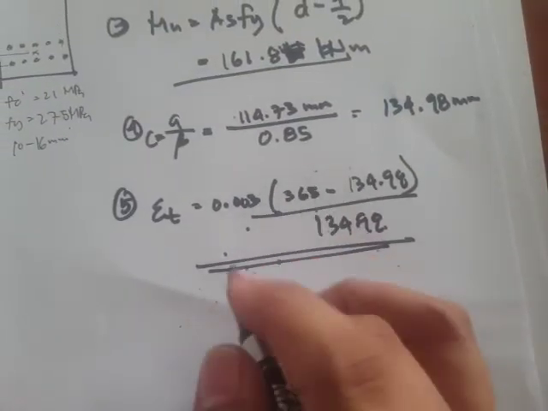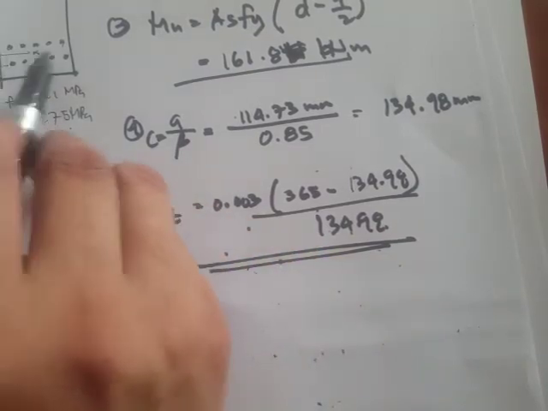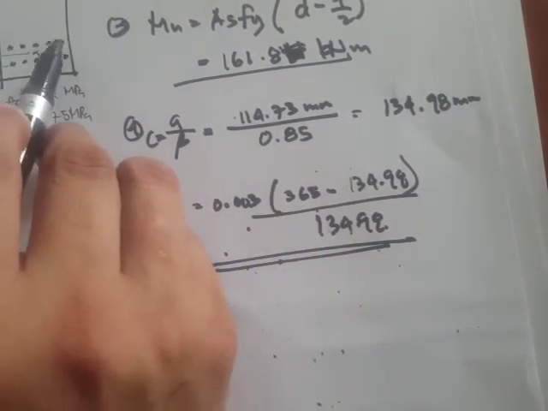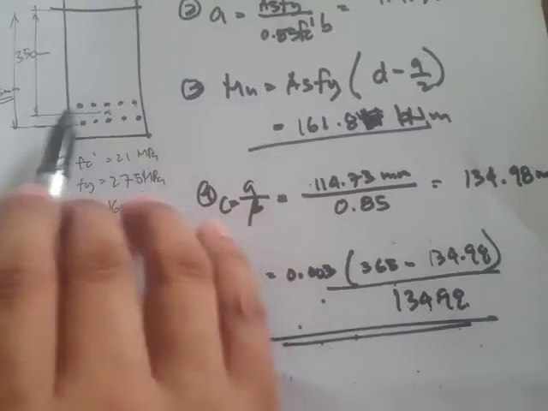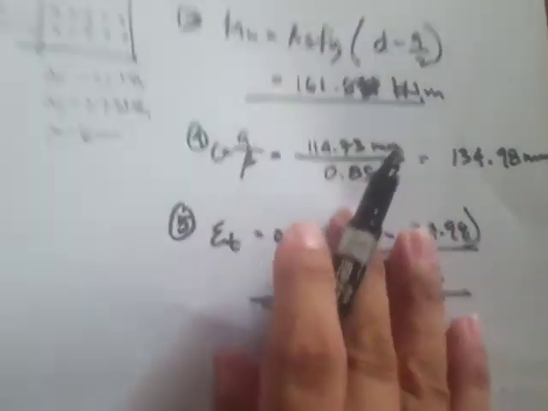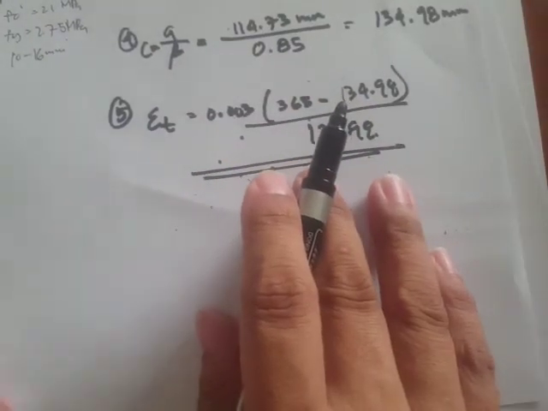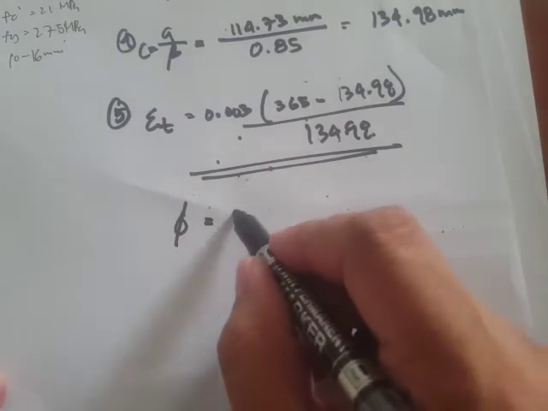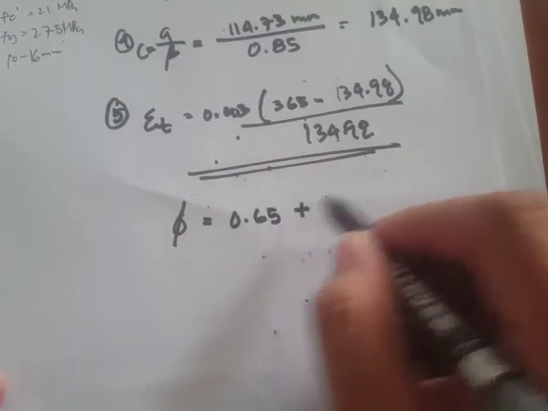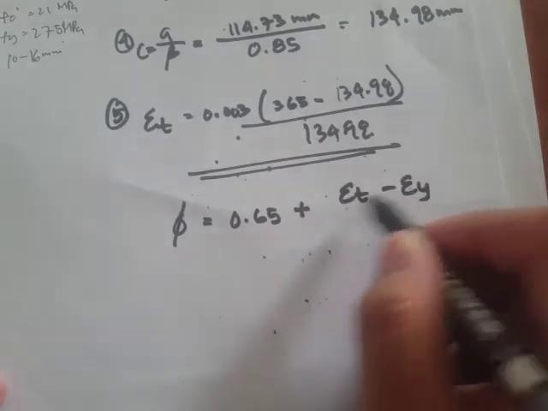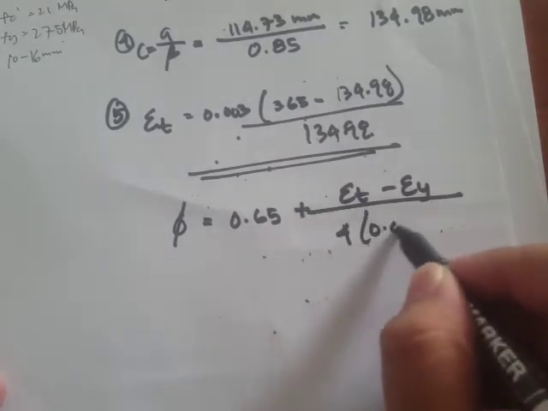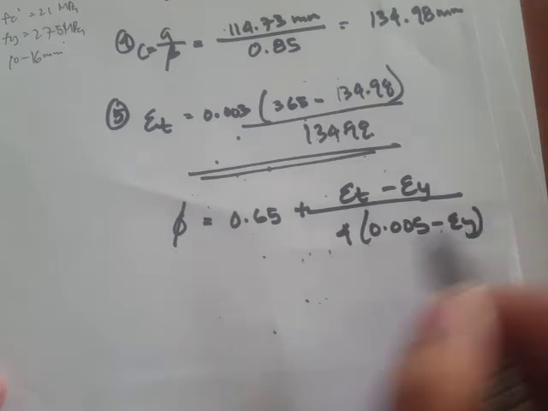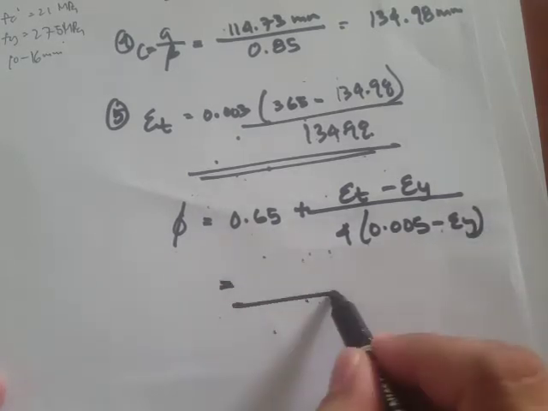Anyway, if we have this much area of steel, then we will probably be in the transition region. If we are in the transition region, you just have to apply this formula, epsilon t minus epsilon y over 0.005 minus epsilon y.